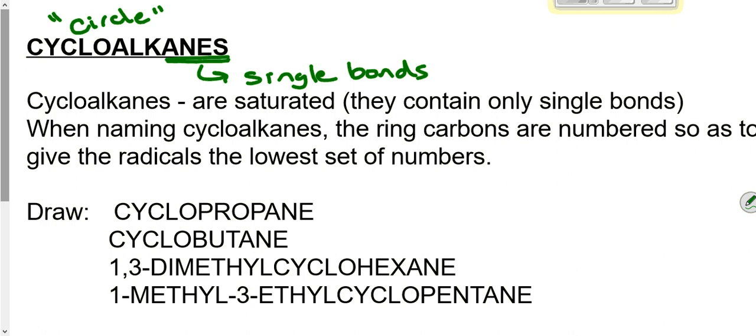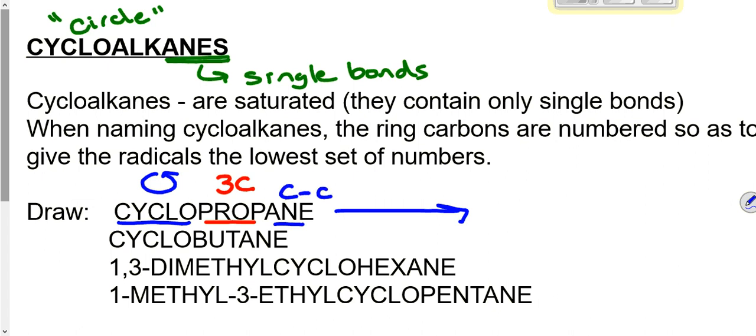Let's try drawing cyclopropane together. I know that I'm going to have cyclo, meaning my parent chain will form a ring. The word prop means that I'm going to have 3 carbons in that ring, and the word ane means that all the bonds will be single bonds. So to put 3 carbons in a ring with single bonds, we actually get more of a triangle shape. This is the skeleton for cyclopropane.